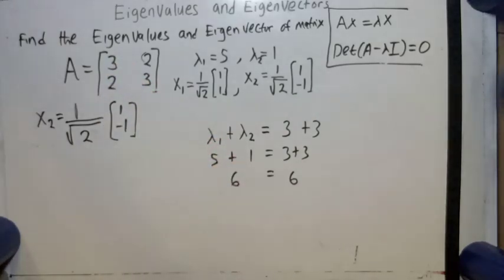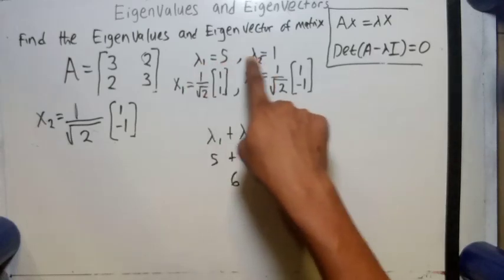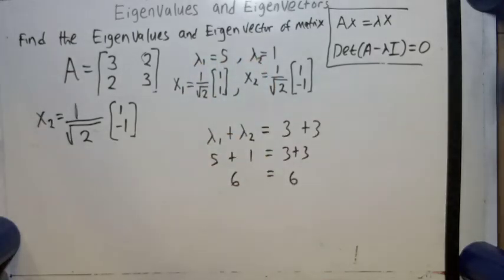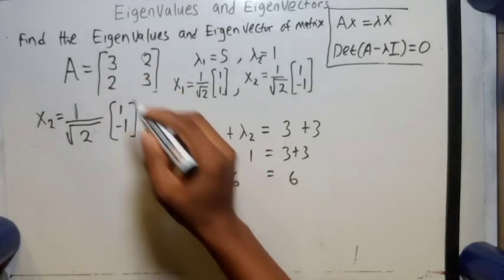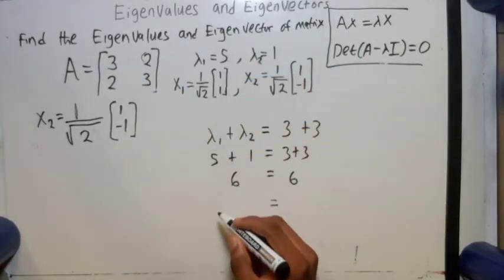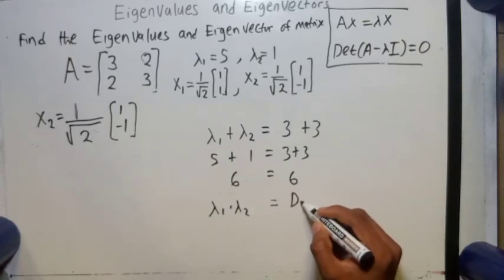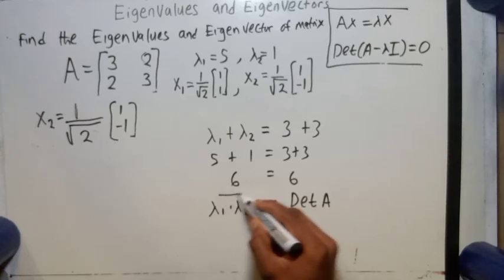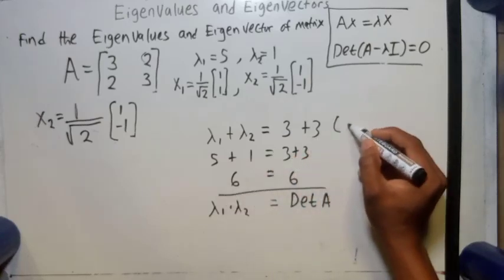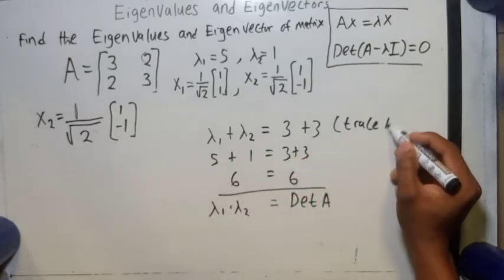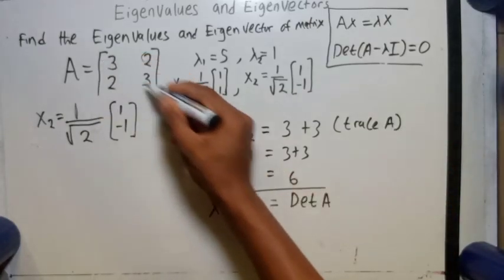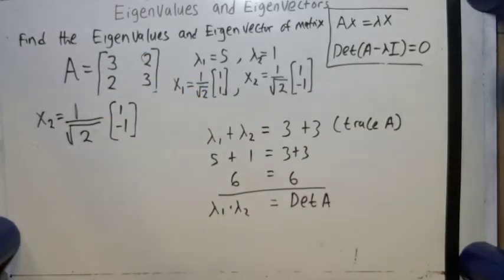So the addition of these two eigenvalues is equal to the addition of your major diagonal elements. Now the product of these two is also equal to the determinant of your A. So in this case, the product is 1 times 2, equal to the determinant of A. Remember, we call the sum of the major diagonal the trace of A. When you add up the values of your major diagonal, we call it the trace of that matrix.